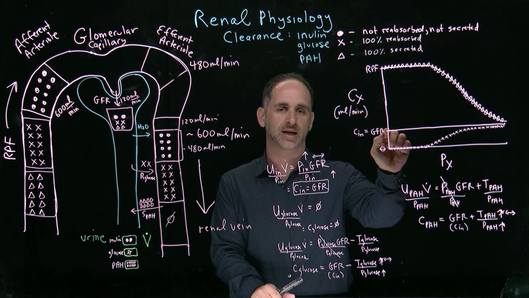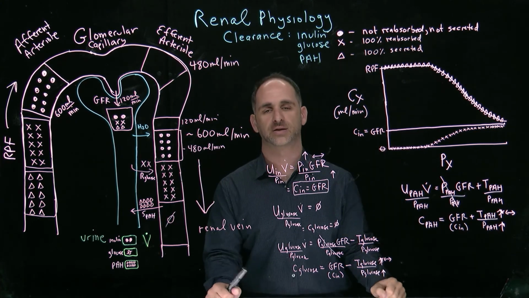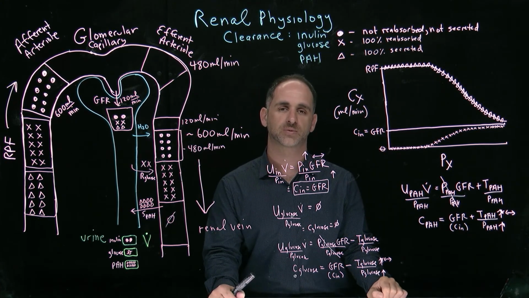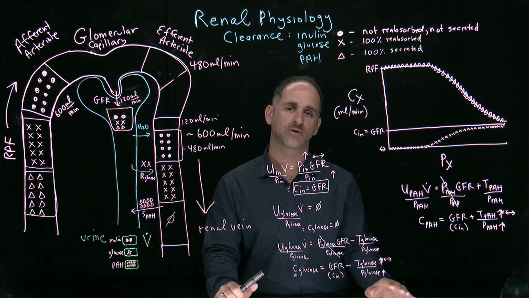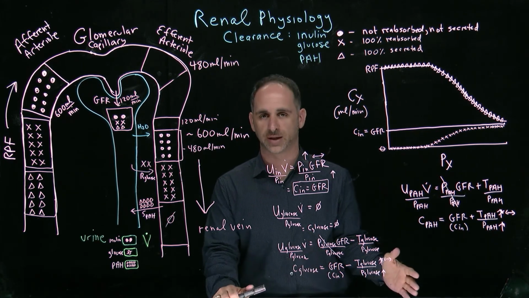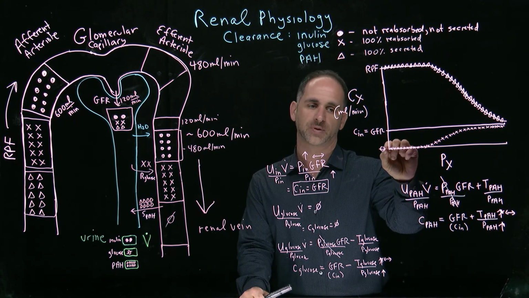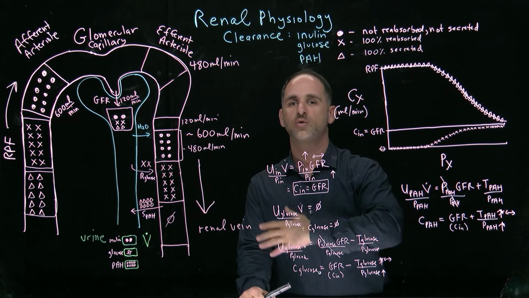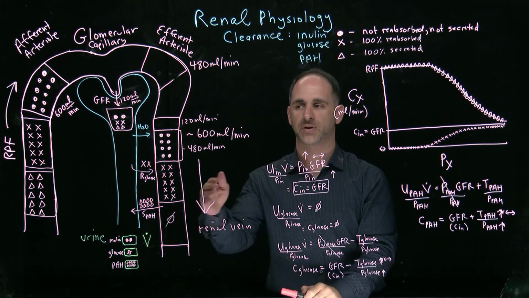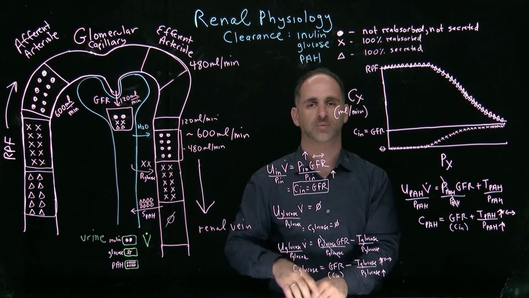If the substance has a clearance that's less than the clearance of inulin, then the substance was reabsorbed. In the cases of glucose and PAH, they're on the extremes. When I reabsorb all of the glucose, I end up with a 0 clearance. When I secrete all of the PAH, I end up with a clearance that's equal to the renal plasma flow.